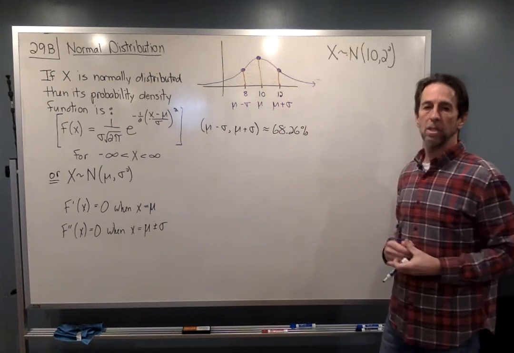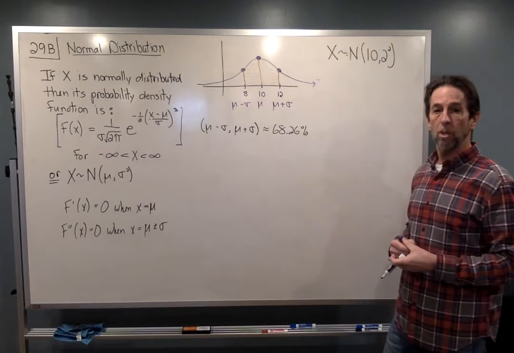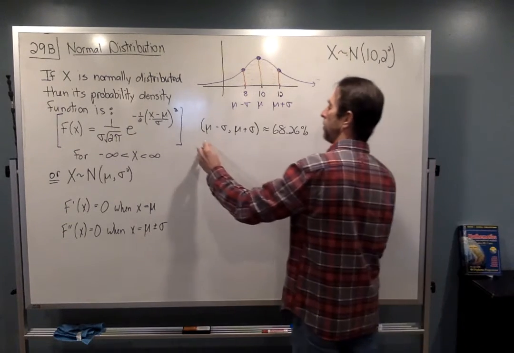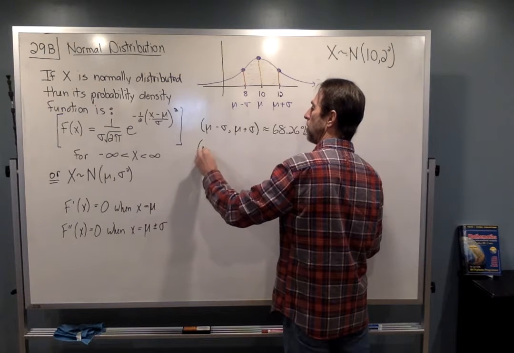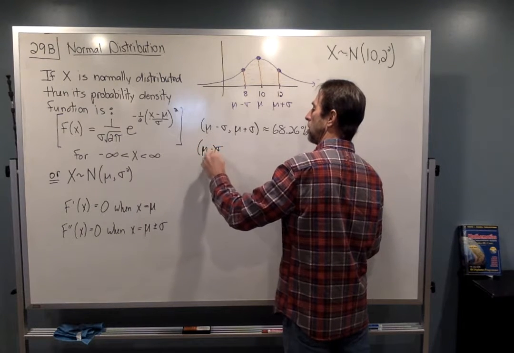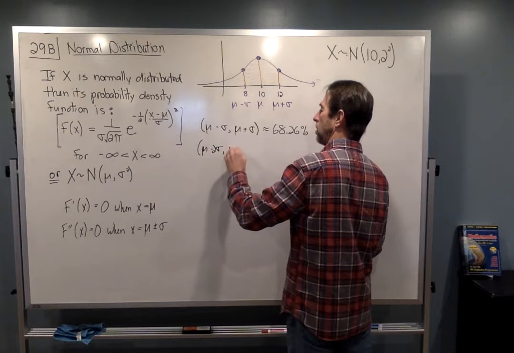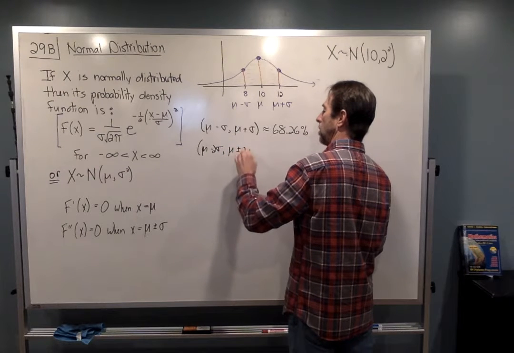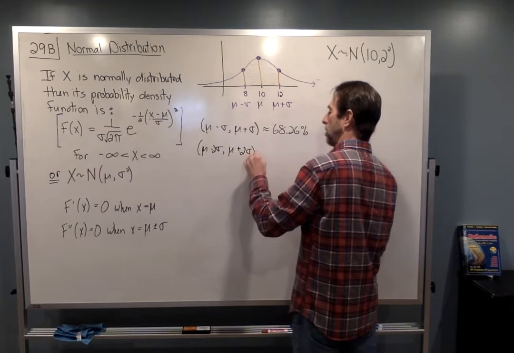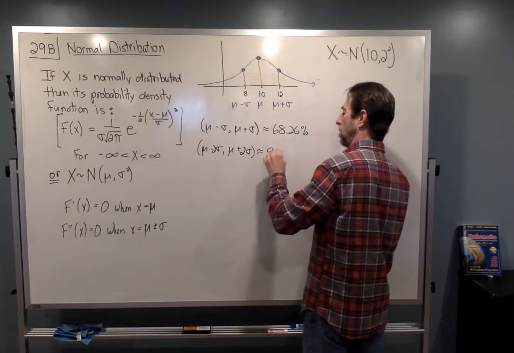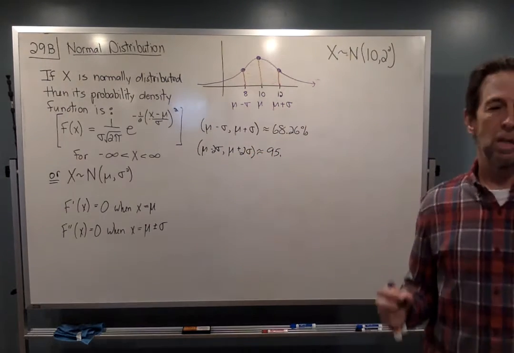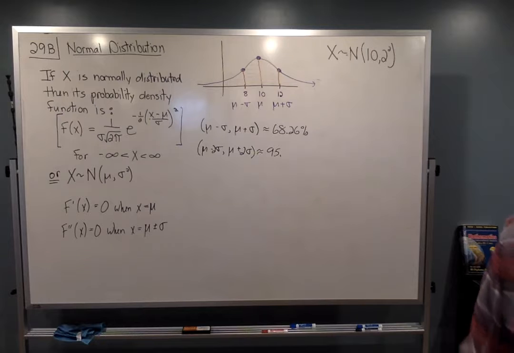Most people would say it's about 68%. Depends on how specific you'd want to be. And then if we move 2 standard deviations, it's about 95.44%. This one I always forget.